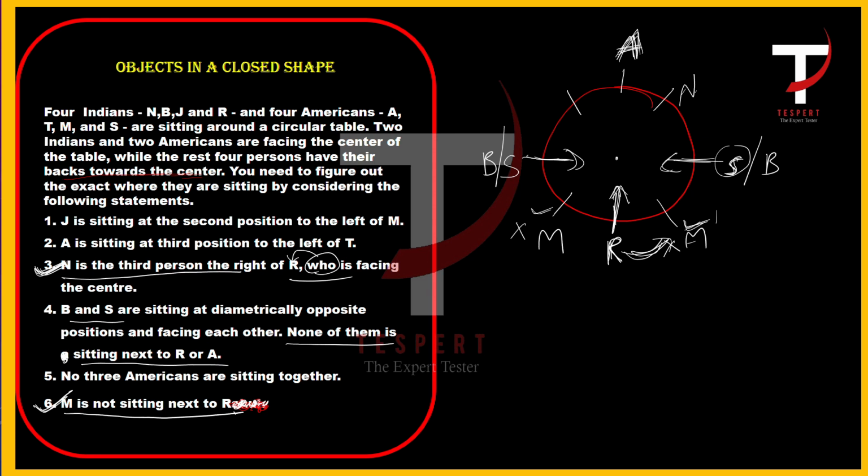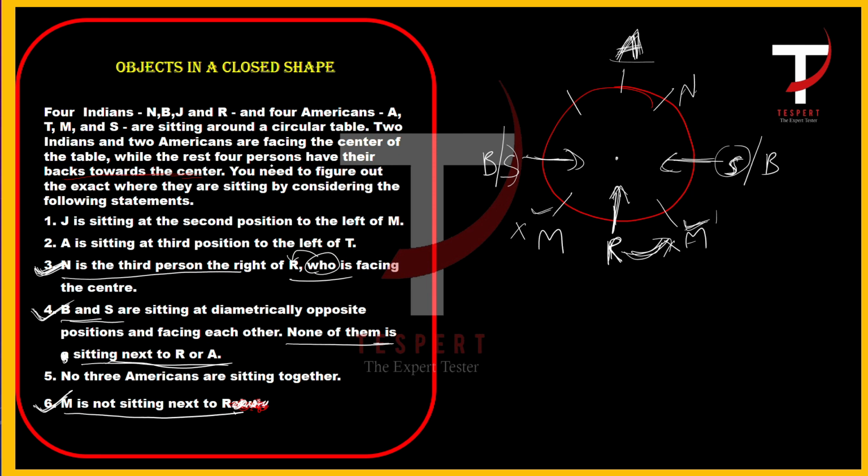Because what is the condition here? None of B and S is sitting next to R or A. So next to B, R shouldn't come and A shouldn't come. Next to S, R shouldn't come and A shouldn't come. So this is the only place for A in which this condition is satisfied. So statement 4 is completely ruled out.